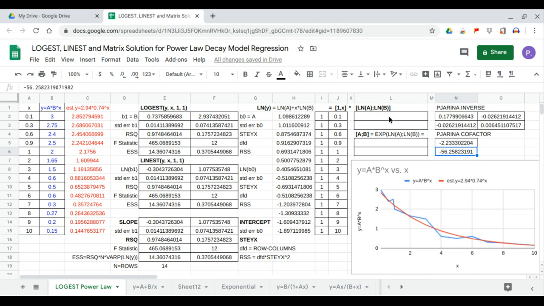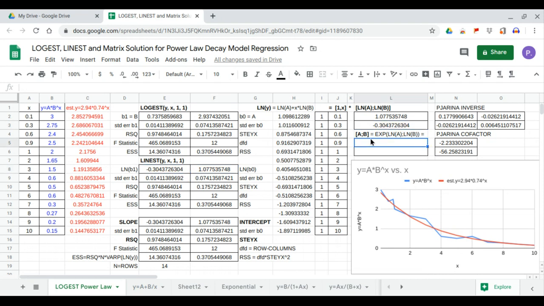Now we can calculate the coefficients ln a and ln b, which is equal to mmult of the P0 inverse and the P0 cofactor. This matches our LINEST output. So ln a matches our ln B0 of LINEST, ln b matches ln B1 of our LINEST.